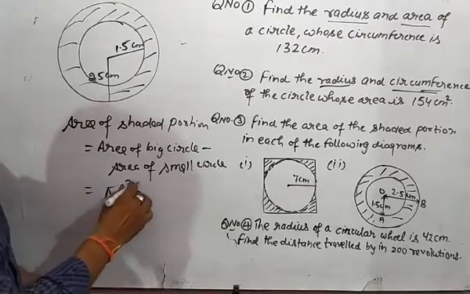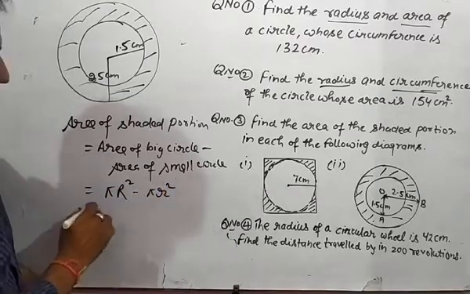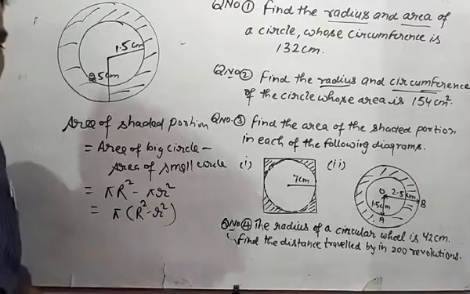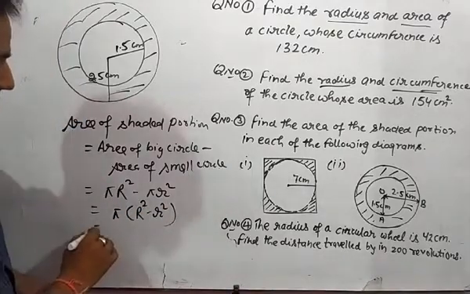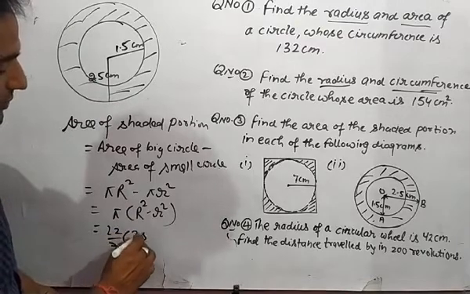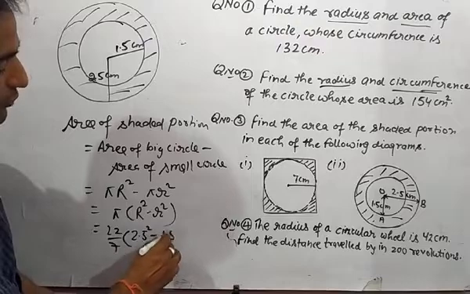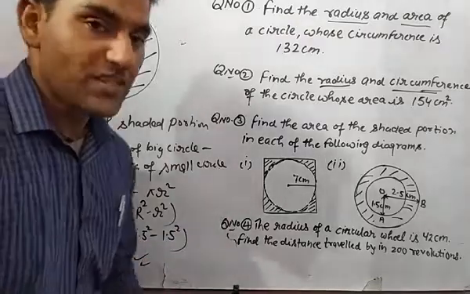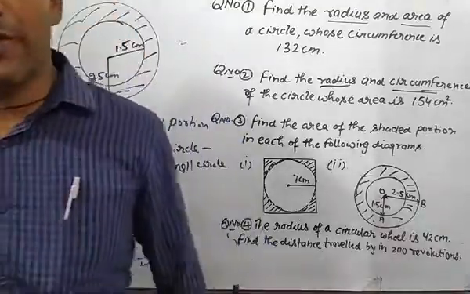So pi capital R square minus pi small r square. Pi will be common, so capital R square minus small r square will be the area of the shaded portion. So pi means 22 by 7, capital R is 2.5 square and small r is 1.5 whole square. I hope you can solve it. So you'll get the area of the shaded portion. Okay, please solve it by yourself.